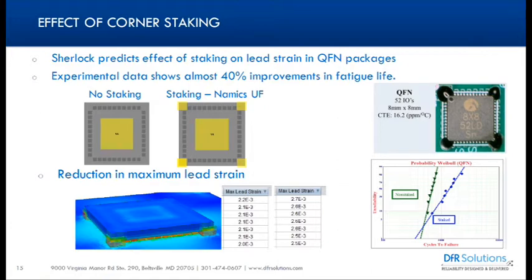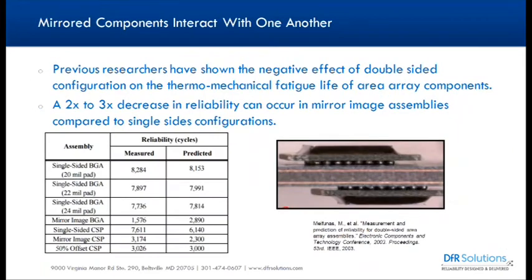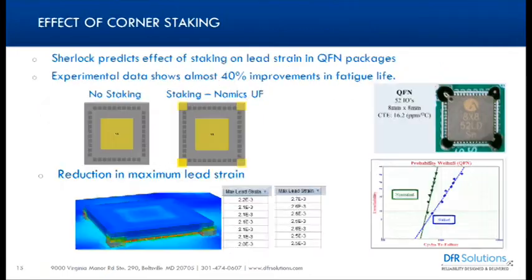And Sherlock can show that with the edge bonding, you can actually improve the lead strain, which is basically improve life. Because again, remember, the tension and compression, we don't exactly have a correlation to how long it's going to go. You have to determine that experimentally, but if you want to know directionally, you can show that it's good. So as I said, good underfill is good, bad underfill is bad, and conformal coat is not underfill.